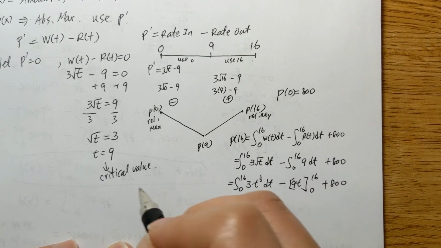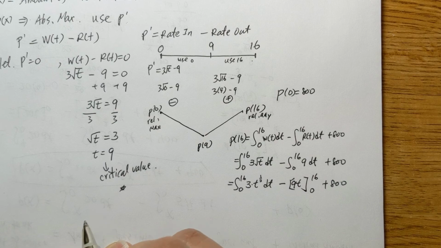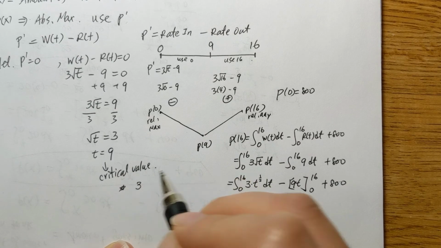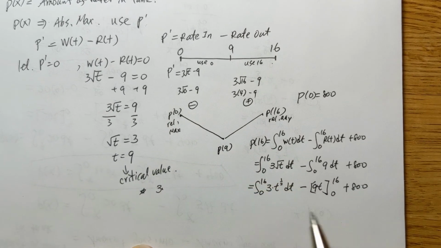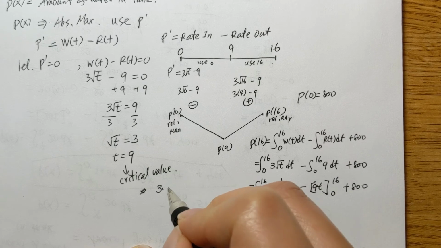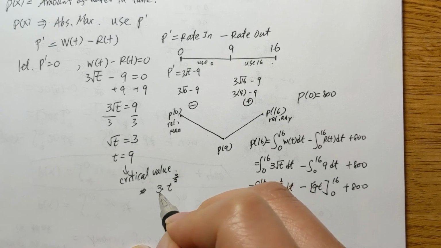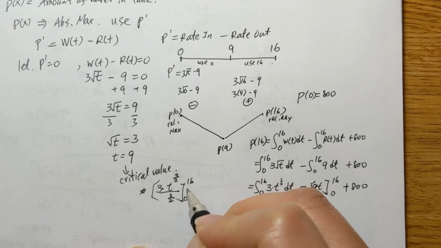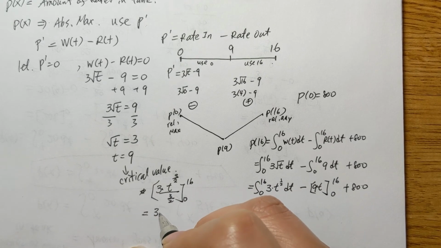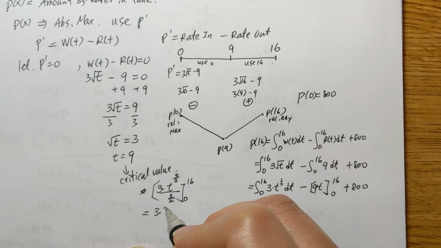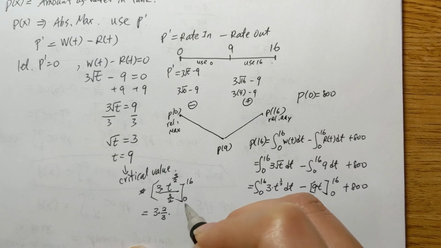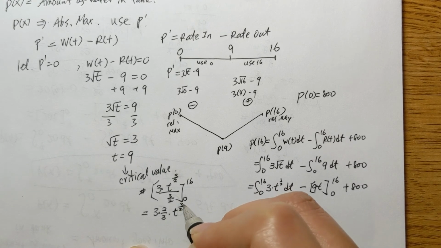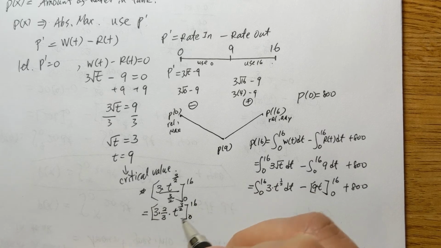So over here, you will get 3 times T to the 3 over 2, over 3 over 2, from 0 to 16. So 3 times, you have a fraction, you flip it over, and you get T to the 3 over 2 from 0 to 16.